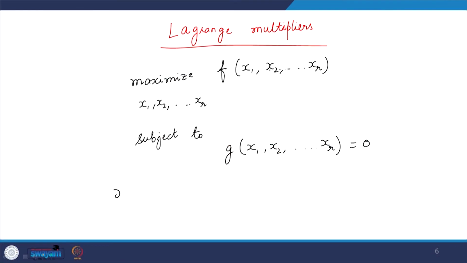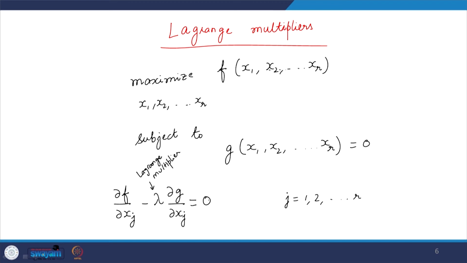So, what we do is we do dou f by dou xj, where j will go from 1 to r, minus something called the Lagrange multiplier, typically denoted by lambda, multiplied with dou g by dou xj is equal to 0, and this is for all values of j.